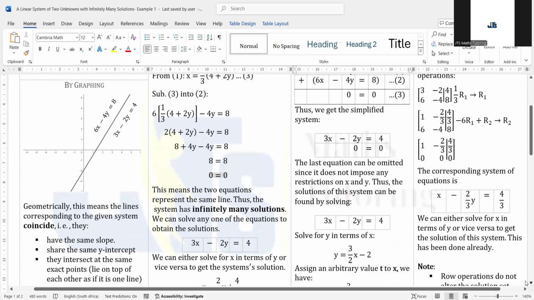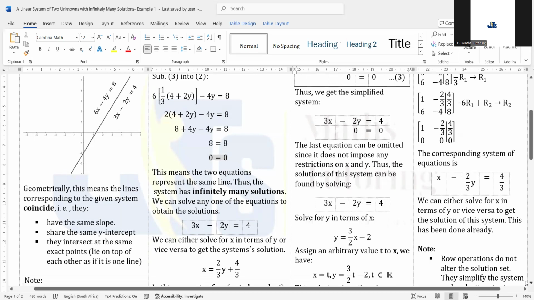I want you to take notice of something here. Your row operations, whether you have swapped the rows, or multiplied a row by a constant and added it to another, whatever, they are not going to alter the solution set. Your row operations just help us to simplify the system and make it easier to solve. That's all. Take note of what I have there.